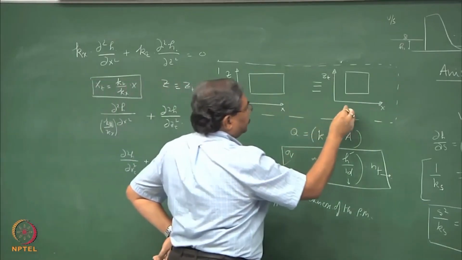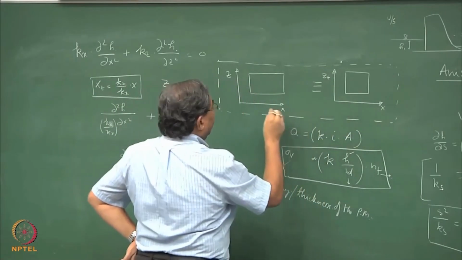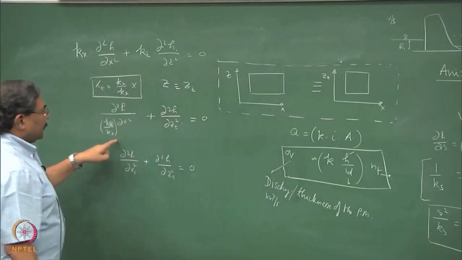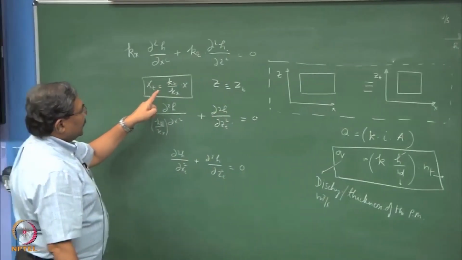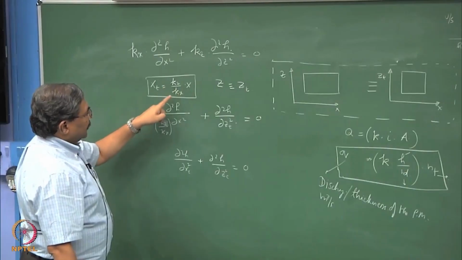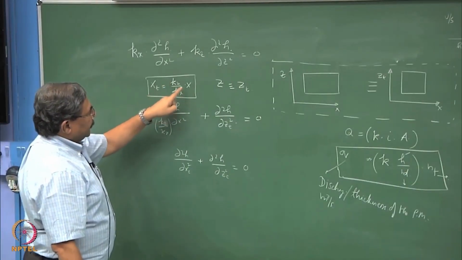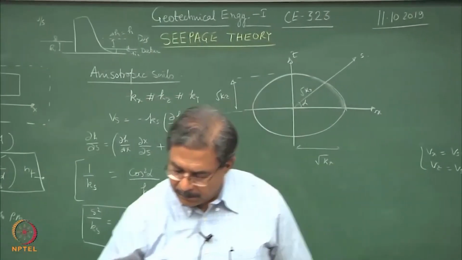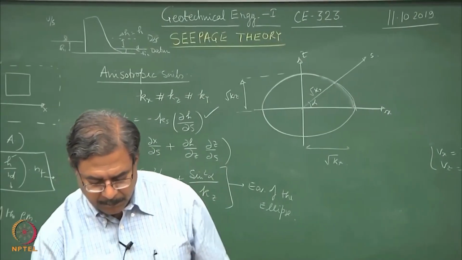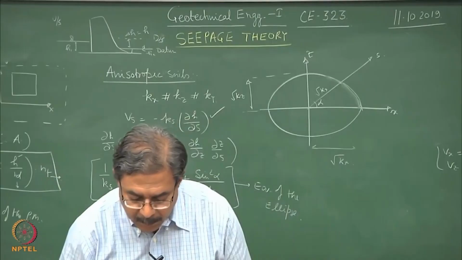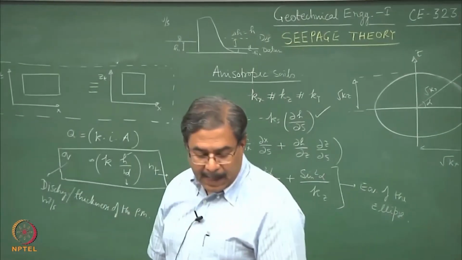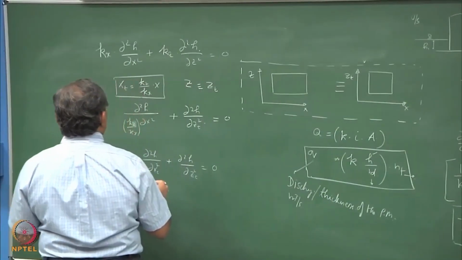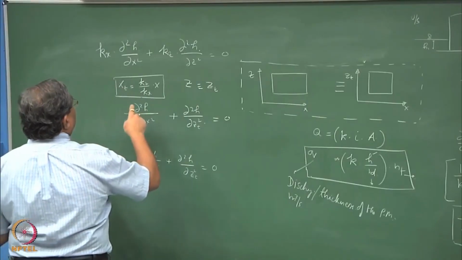Here, see what we have done. Here we have manipulated with the permeability coefficient. So, k z upon k x is treated as del x t upon del x equal to k z upon k x. So, this is the anisotropic coefficient. I can also write x t upon, so there is a mistake I have done.